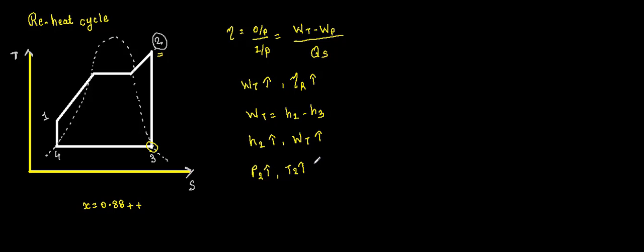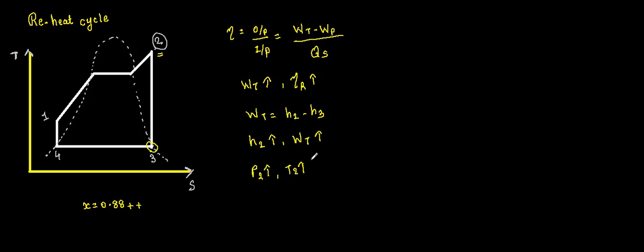In order to do that, in reheating, wet steam is extracted from a suitable point in the turbine before reaching the dryness fraction 0.88 and is reheated with the help of flue gases in the boiler furnace.